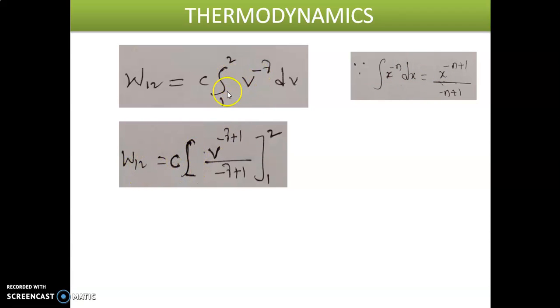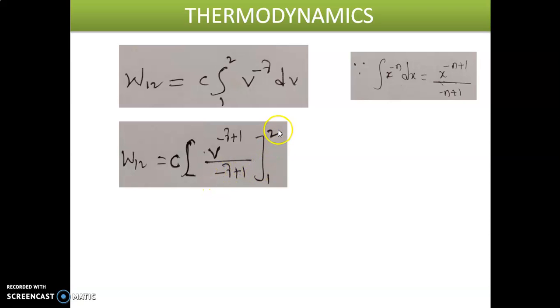If we remove this integration, W1 to 2 process is equal to C into V to the power of minus gamma plus 1 by minus gamma plus 1, between the lower limit and upper limit. I hope you understand about this removal of the integration.